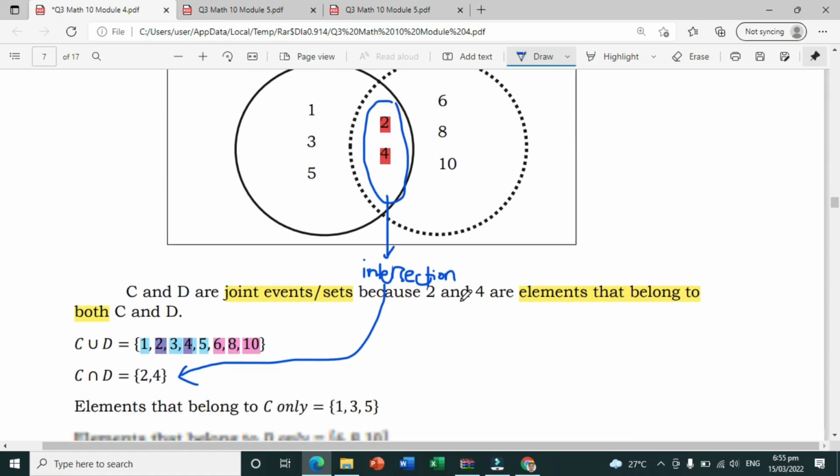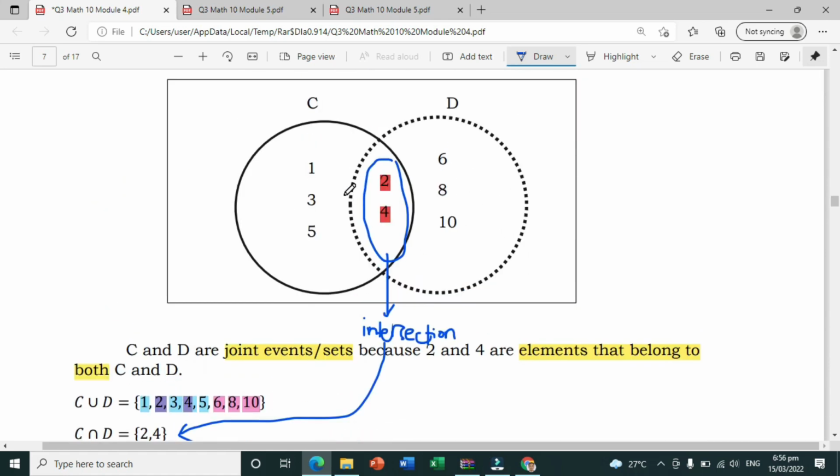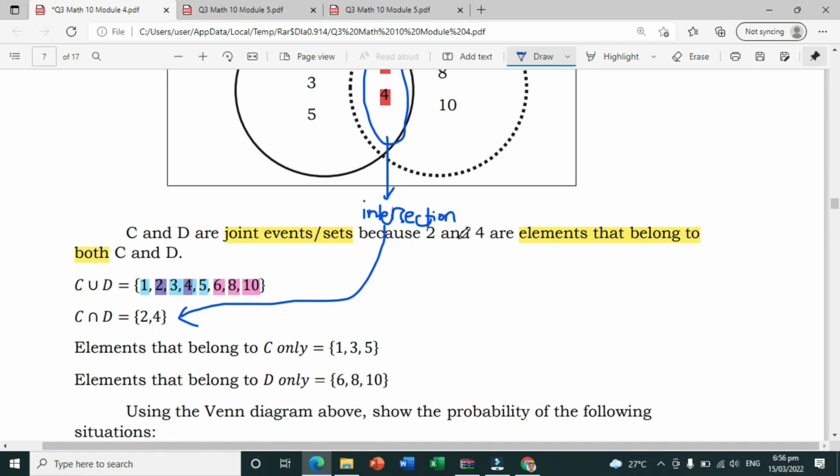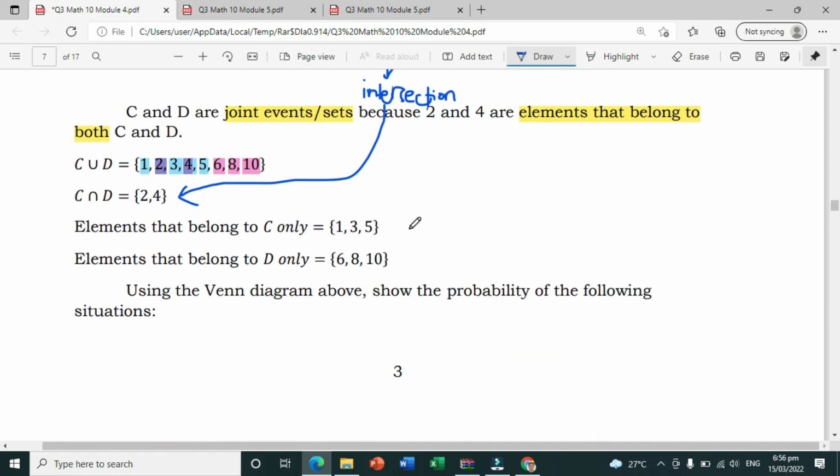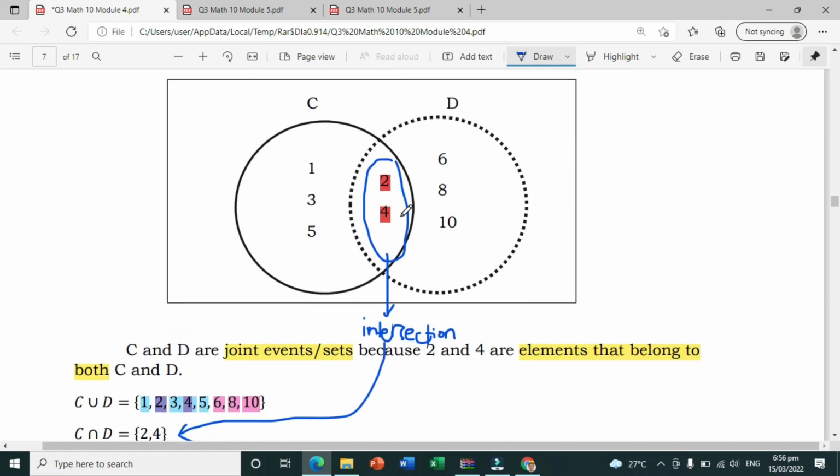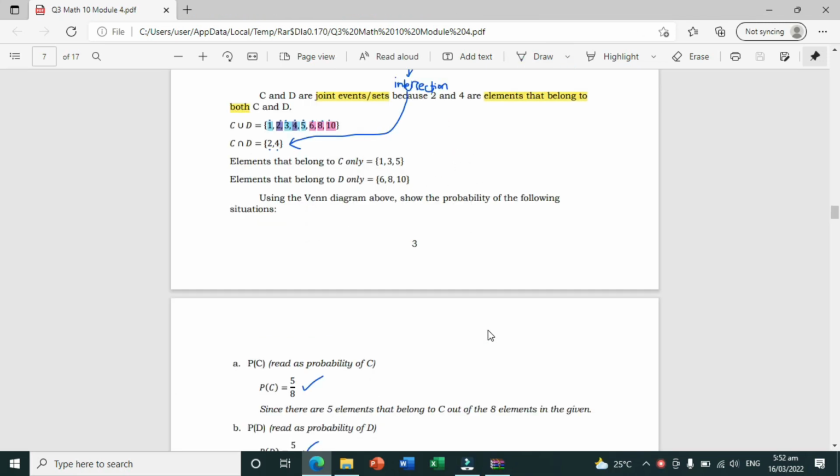So, pag sinabing belong to C only, makikita kay C na hindi mo makikita kay D. So, yun yung 1, 3, and 5. Elements that belong to D only, ito yung makikita kay D na hindi mo makikita kay C. Okay, so ito lang kay D. So, elements that belong to D only are 6, 8, and 10.